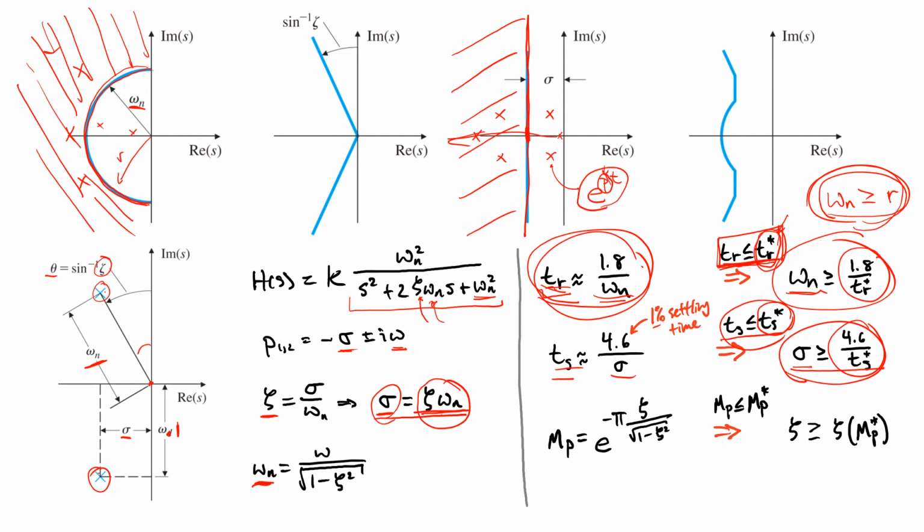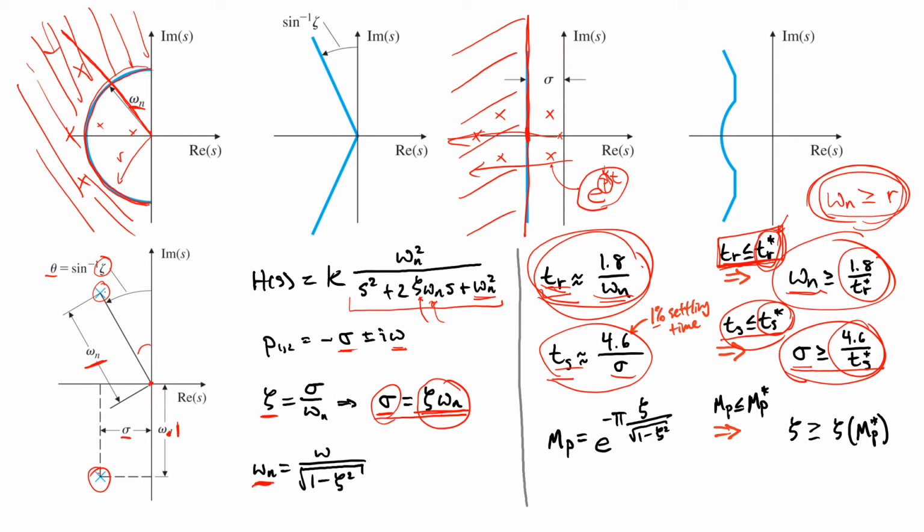So it makes sense that our system will settle faster as we move our closed loop poles further to the left. The rise time is related to simply the magnitude of the distance. So yes, the real part is also becoming more negative, but the imaginary part can actually help to achieve that rise time as well. So it's actually the whole distance from that pole, not just the real value.